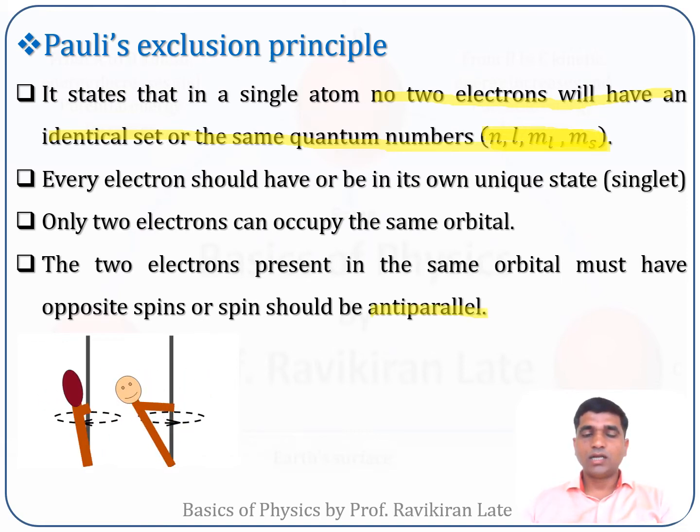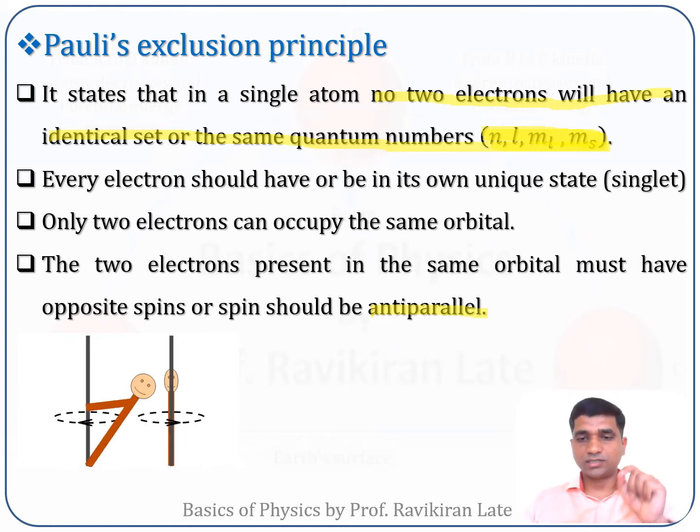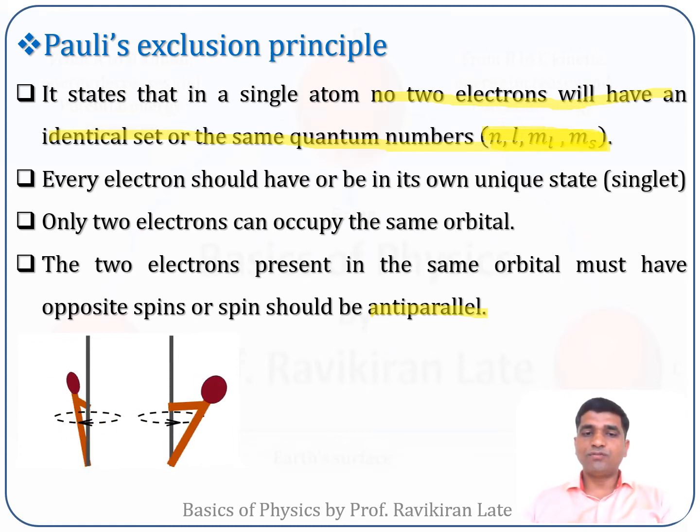Here you can see that the electrons occupying the same orbital have different spin orientations. One is rotating in a clockwise direction, another in an anti-clockwise direction.